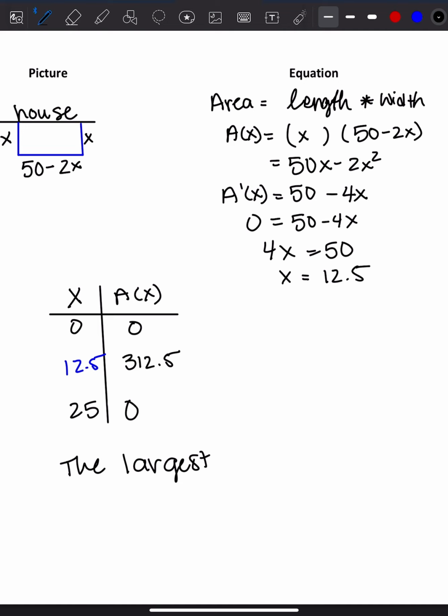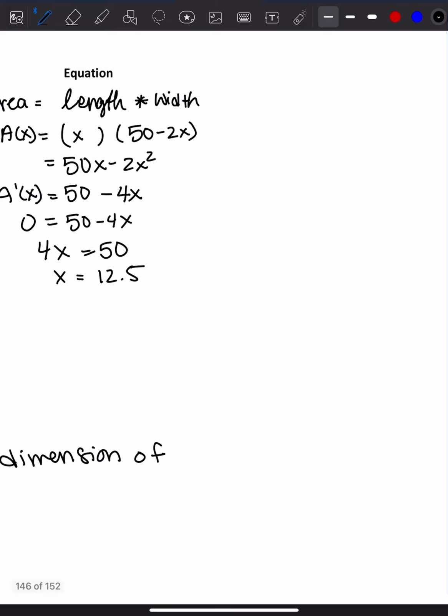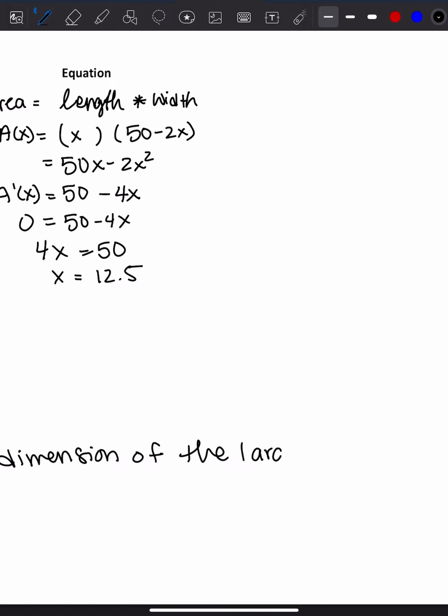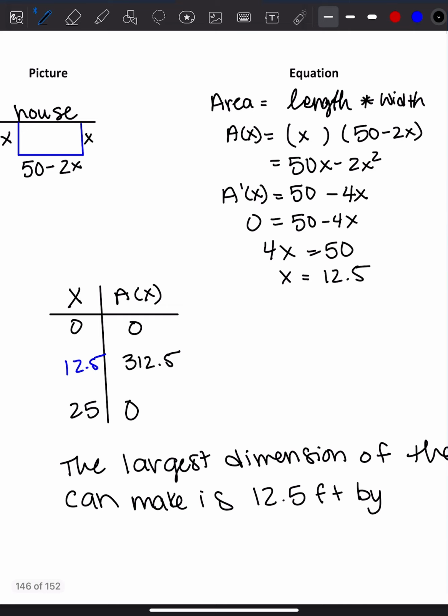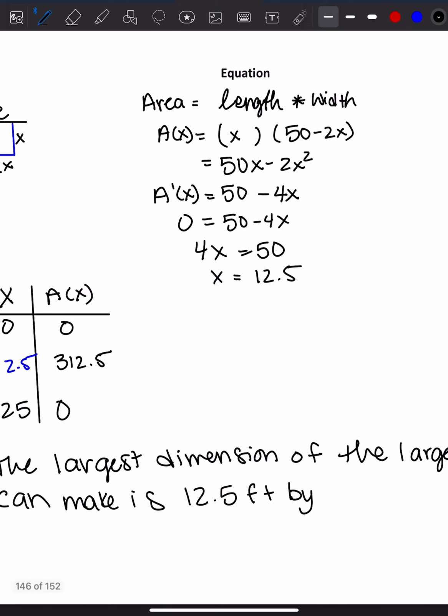So the largest dimension of the largest garden we can make is 12.5 feet, that x value we got, by, and this is where we would put in our x value, 50 minus 2x, which we know simplifies to 25. So 12.5 feet by 25 feet is going to be the largest dimensions.